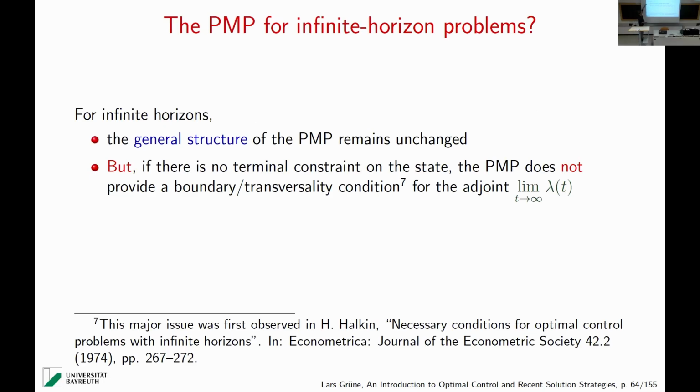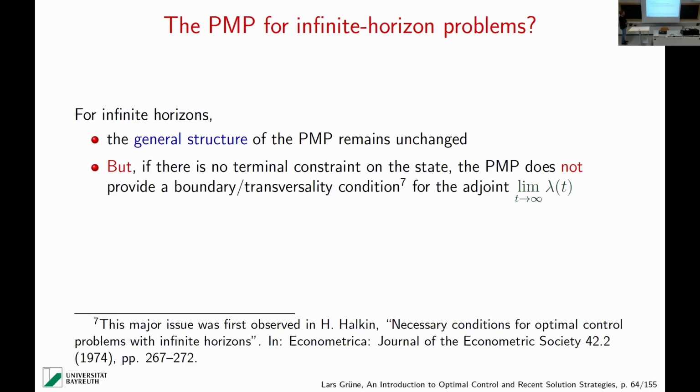The general structure of the minimum principle remains intact, so you can still use it, but it's hard to say what is the right boundary or transversality condition for the adjoint. This was pointed out in 1974 in this paper.